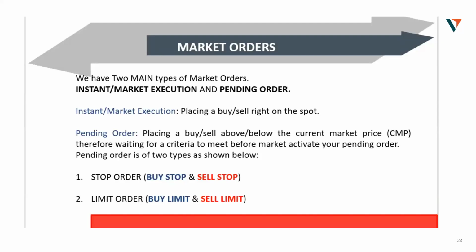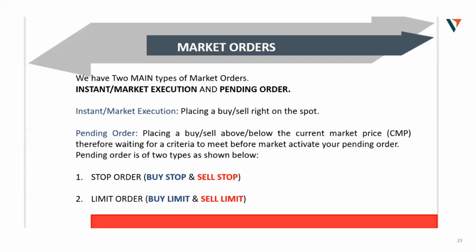So there are two types of pending orders. There are the stop orders and the limit orders. For stop orders, you have the buy stop and the sell stop. For the limit orders, you have the buy limit and the sell limit. So these are all pending orders.